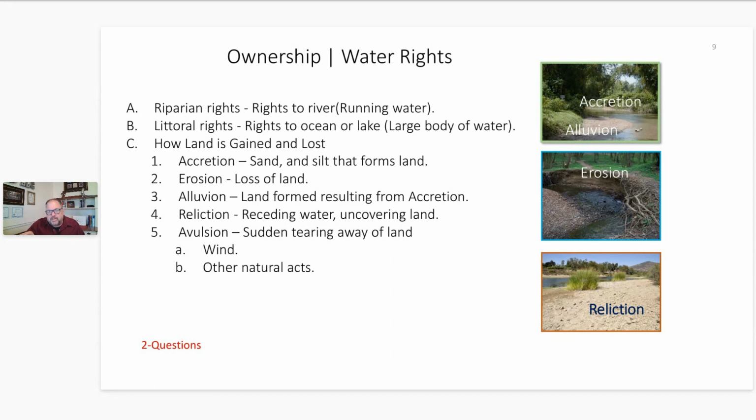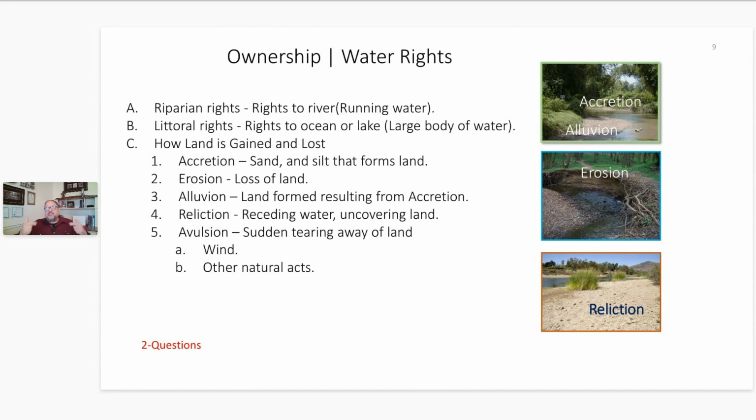That's what happens with the rivers that have silt and sand in them over time. Now, it's not something we can see with the naked eye. This is over time, like decades and decades and decades. But over time, these bodies of water drop out their sand and silt, and it forms land.